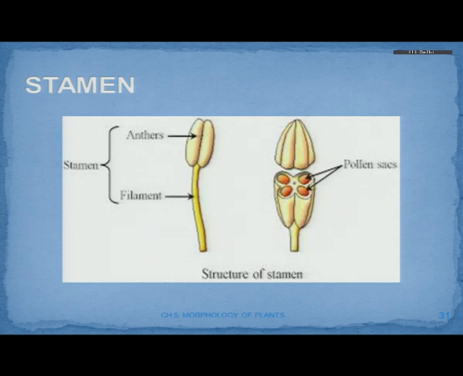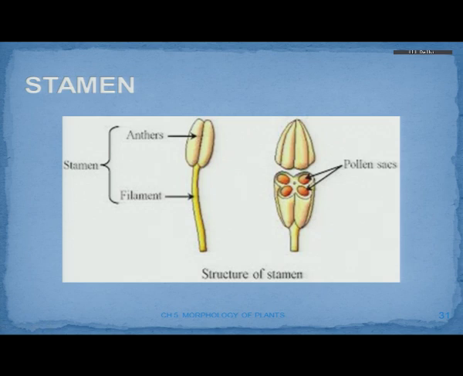In the earlier session, we were studying the stamen. The androecium is made up of the stamens, and stamens have anthers and filaments. Each anther is bilobed, and in these lobes are present pollen sacs which produce pollen.